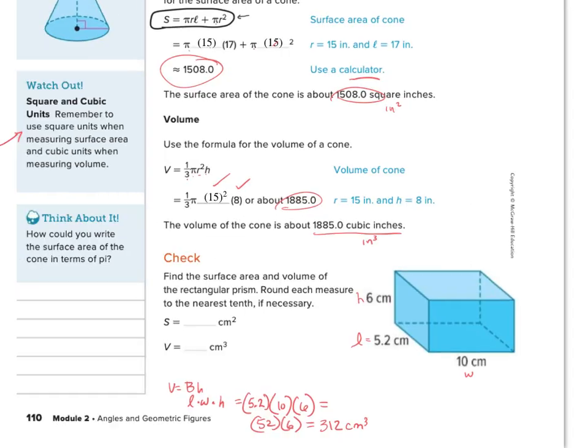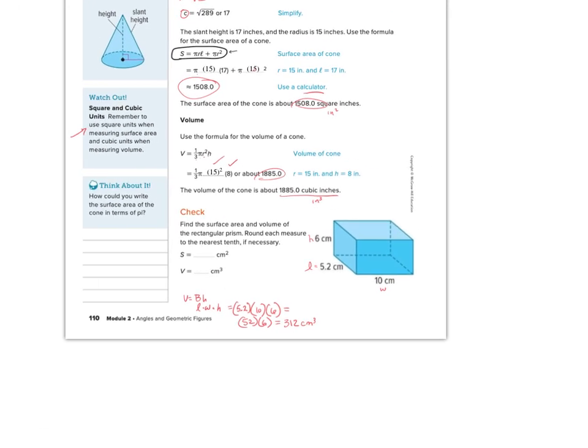If I go back and I look at the formula, take it over here so we can look at it. So surface area is 2 times 5.2 times 10 plus 6 times 5.2 plus 6 times 10. See, this gets a little bit cumbersome here. And then you just work this out.